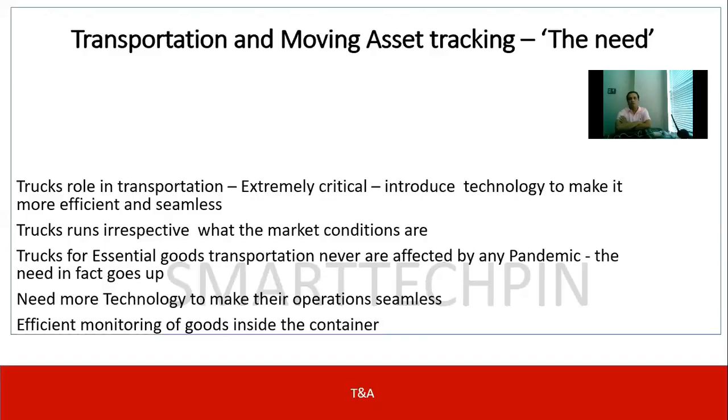So there is always a need for bringing more technology to make their operations seamless, which includes, as I said, efficient monitoring of goods inside the container. These are some of the critical needs of the transportation segment. More and more technology is really needed for their smooth operations.